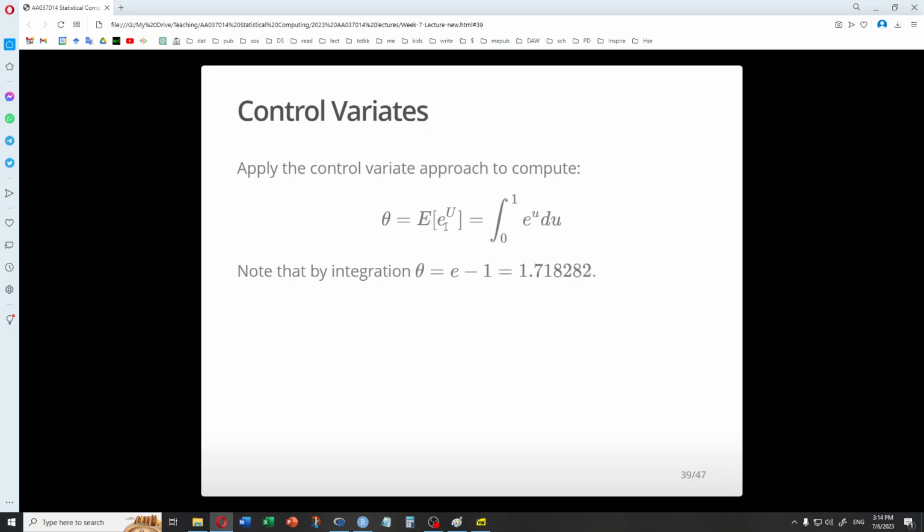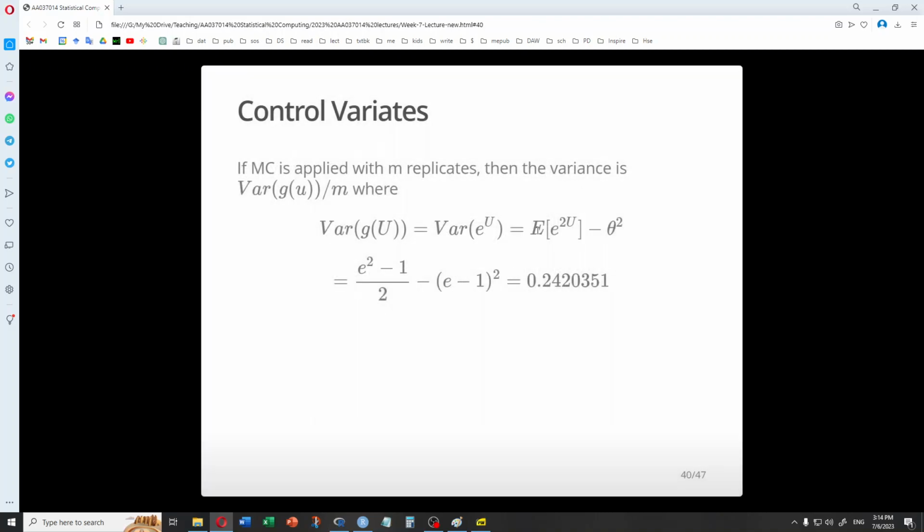So this is equal to the expected value of e^(2U) minus the expected value of e^U, squared. And this is equal to (e^2 minus 1) divided by 2 minus (e minus 1) squared, and the value is approximately 0.242.